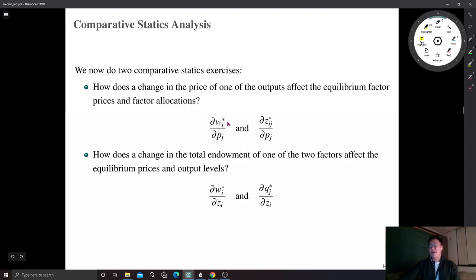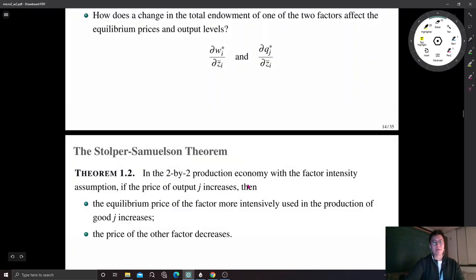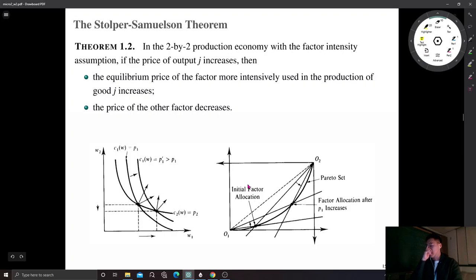Each exercise leads us to one theorem. Especially the first exercise brings us to the so-called Stolper-Samuelson Theorem.